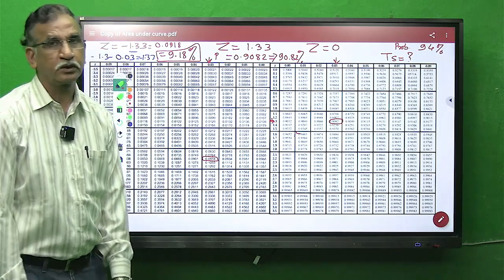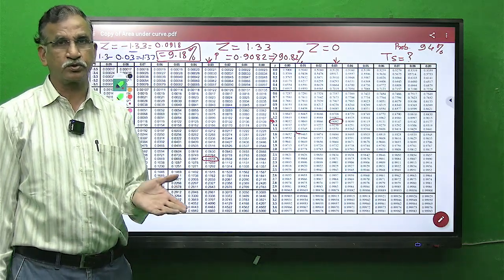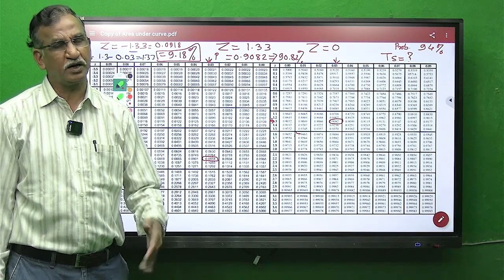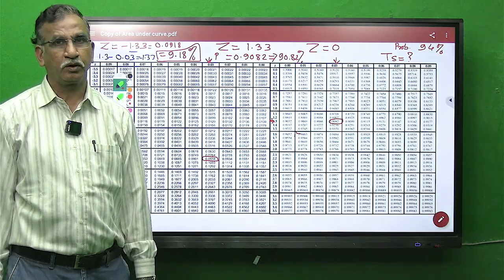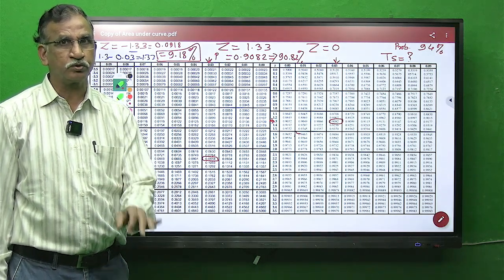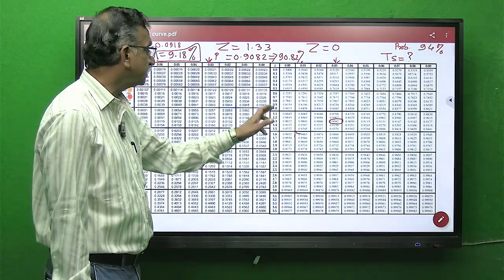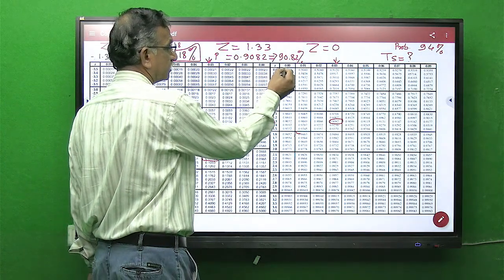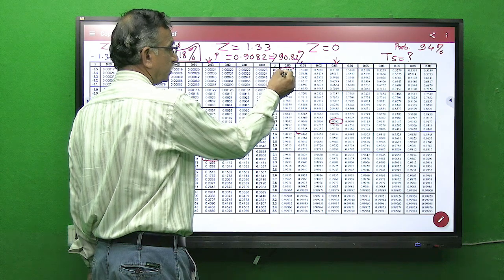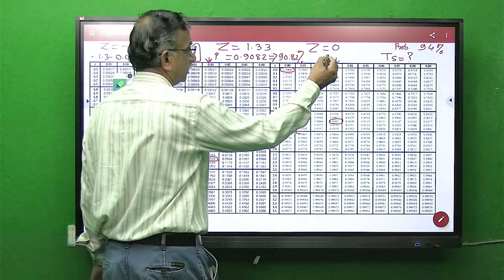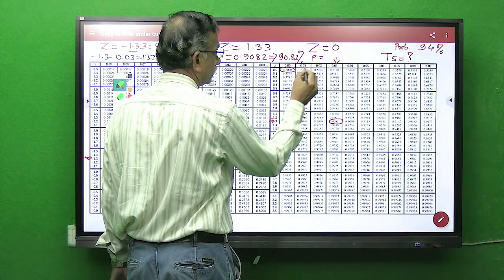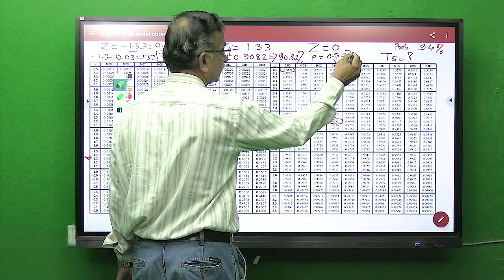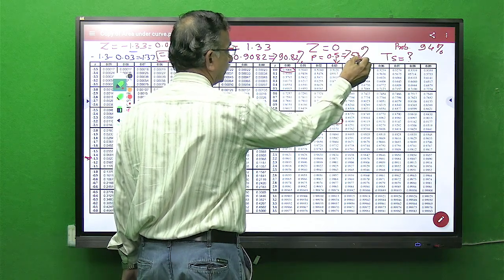Now third, z equal to 0. I have mentioned in last lecture also, in today's lecture also, that for z equal to 0, by default probability of z equal to 0.00 is 50%. You can see here z equal to 0, 0 and 0, intersection of these two is yielding the value of p as 0.5, which indicates it is 50%.